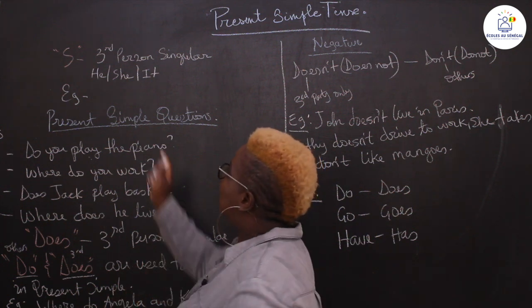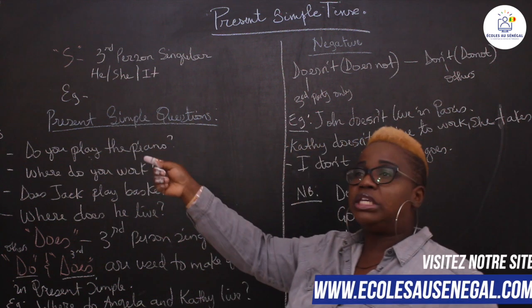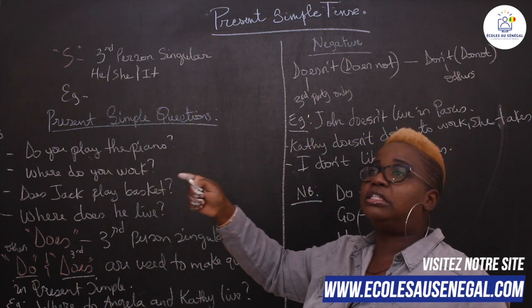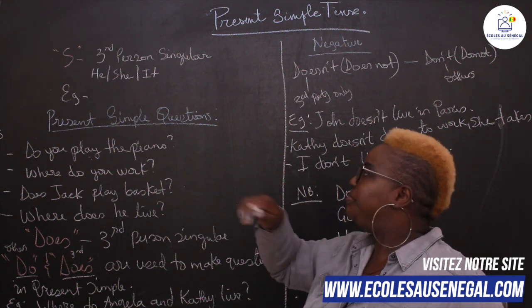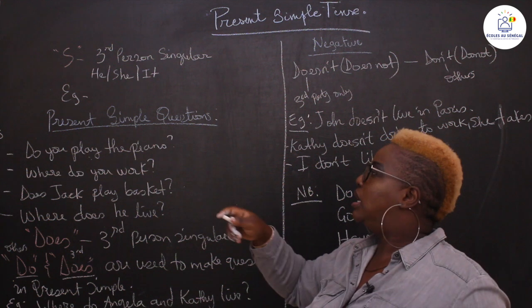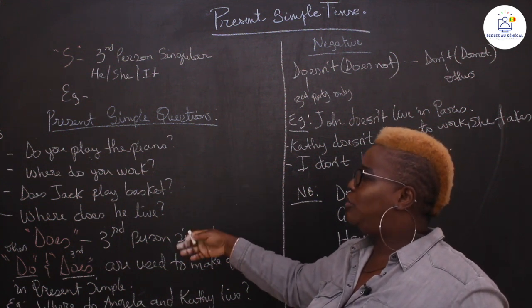Take note, please. S is for the third person singular: he, she, or it. He sleeps, he eats, he plays, she drinks, it loads.